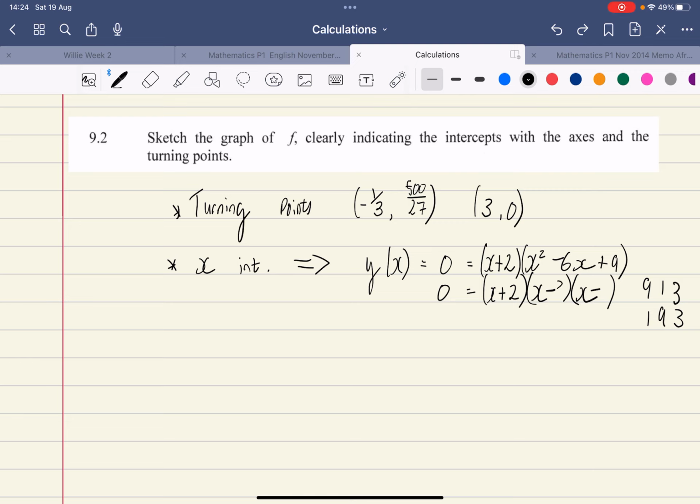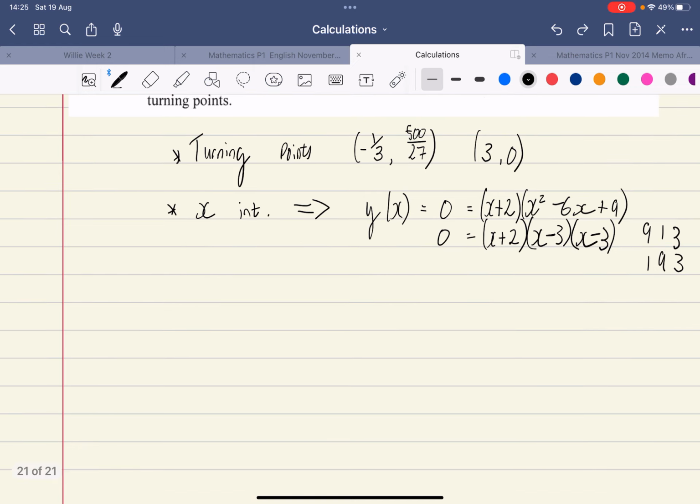What happens if we put a 3 here? We'll have x squared minus 3x minus 3x plus 9. Yep, that gives us x squared minus 6x plus 9. Perfect, so we have factorized our original function.